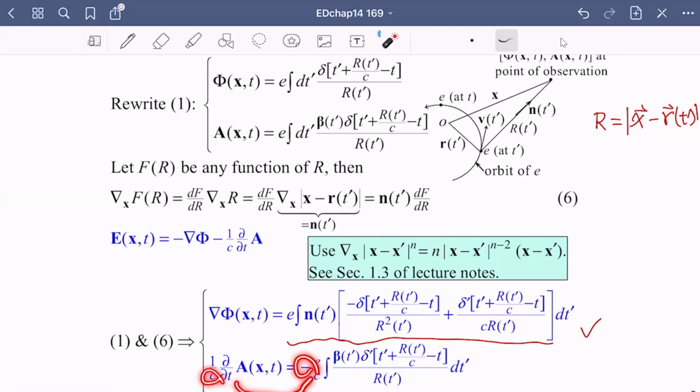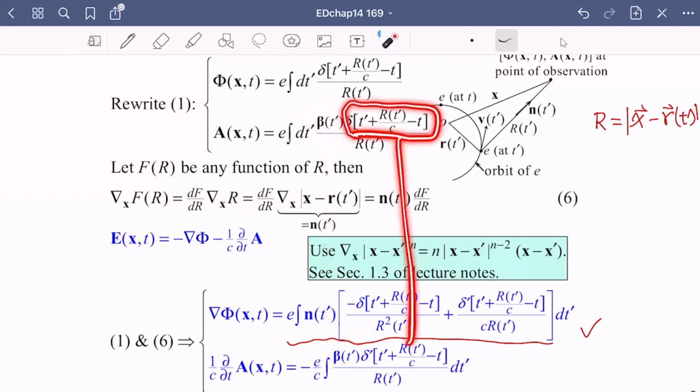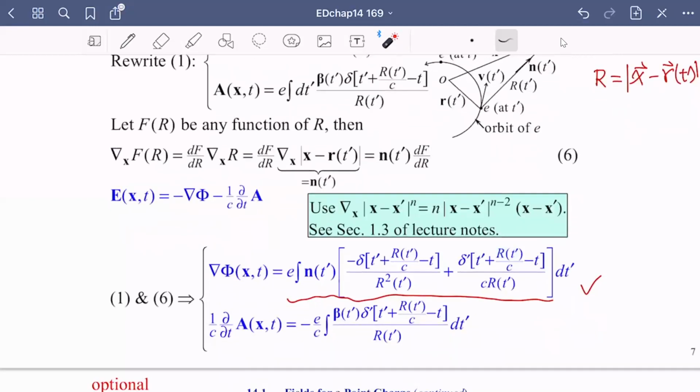C comes from here. Others are the same, except here. Oh no, the same. And this part is still the same, right? So the integration is easy. This one is easy, but not finished yet. We still need to perform the integration. So it looks easy. What else?